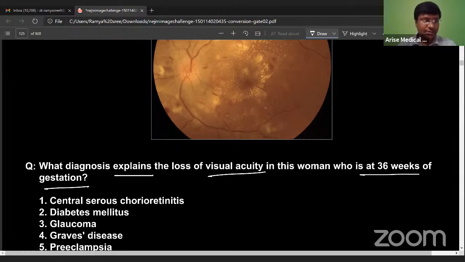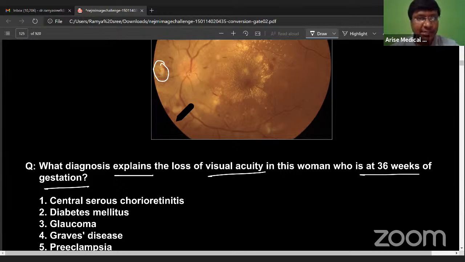Central serous chorioretinitis, answered by Gangula Akanksha. Any other answer? Diabetes mellitus, answered by Indian football and Shahid Afridi. Glaucoma, answered by Vinod Selvaraju. See, I just described the image for you.